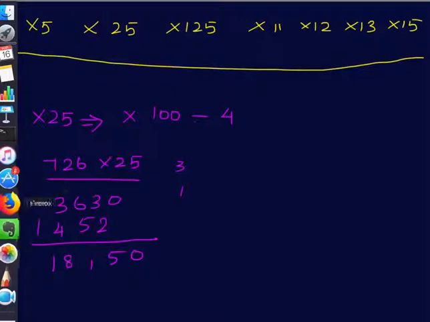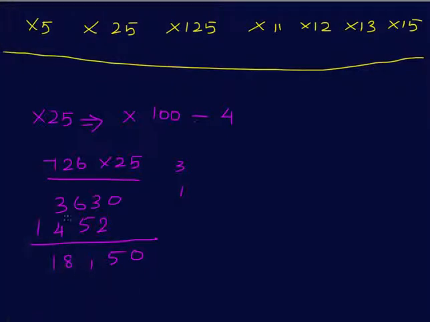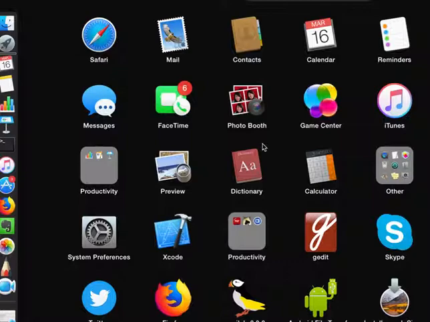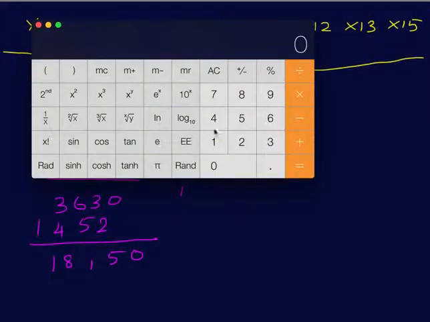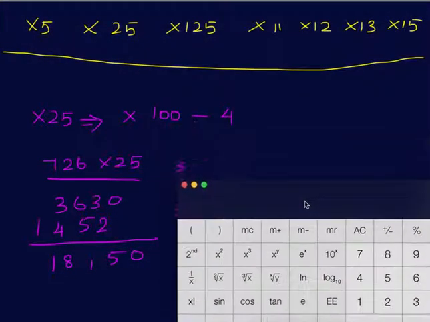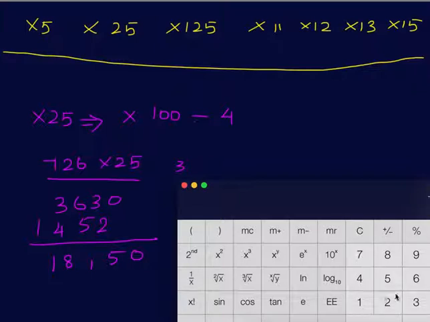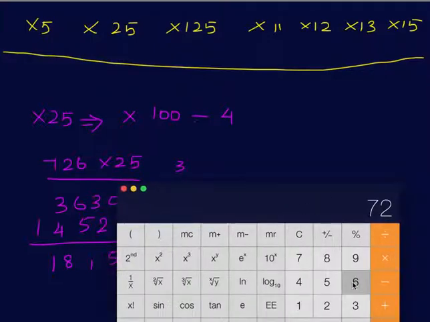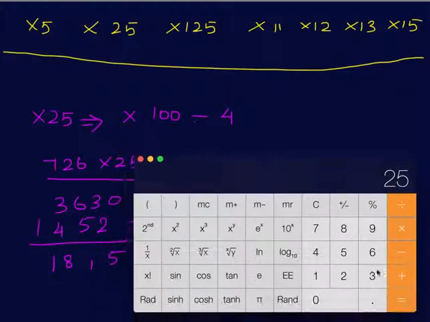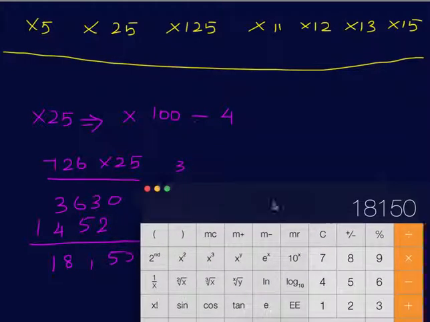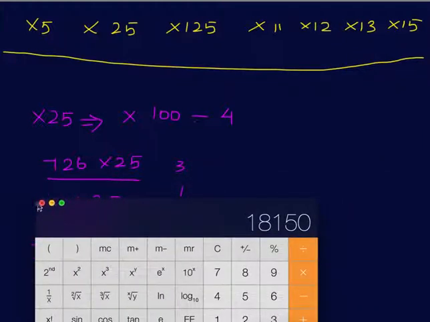Where is my calculator? Why do I keep closing my calculator? Okay, fine, no problem. Calculator. Okay, so here is my calculator. So I have 726 multiplied by 25 and we get 18150. Okay, so I'm right on this one.